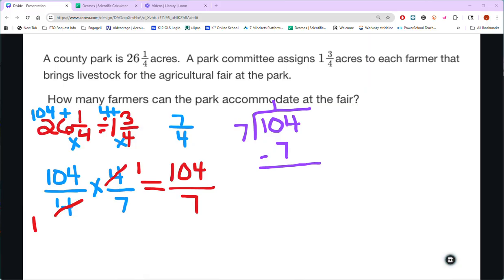Bring this down, and then bring down the next digit. And then 7 can go into 34 4 times without going over. So 5 times 7 is 35. That's 1 too many. But 4 times 7 is 28.